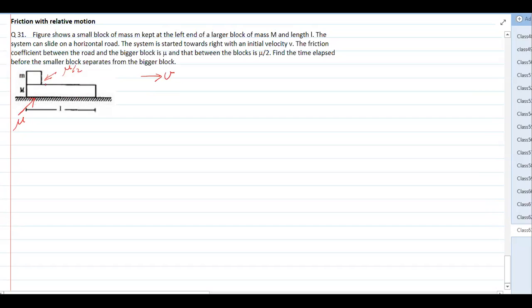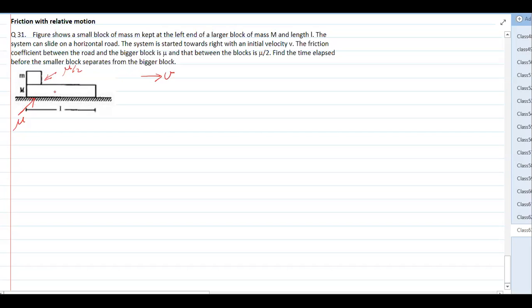So the upper object will try to move rightward relative to the lower one. Both objects experience friction force, but the upper object experiences less force, so it will keep on accelerating forward with respect to the lower one.